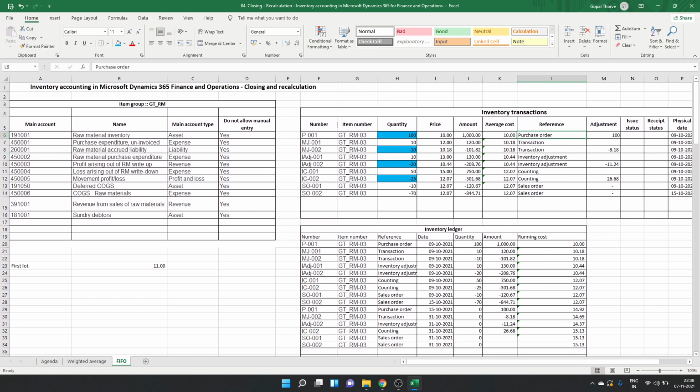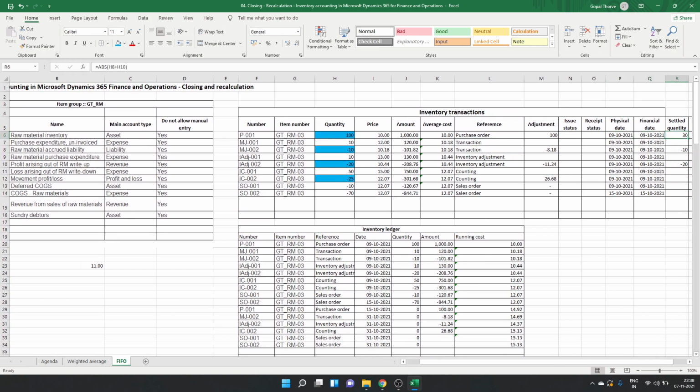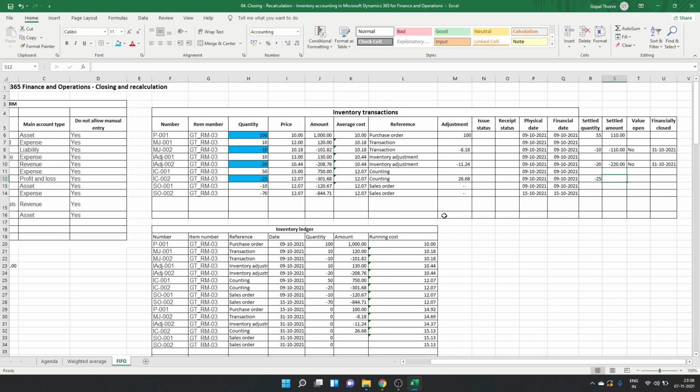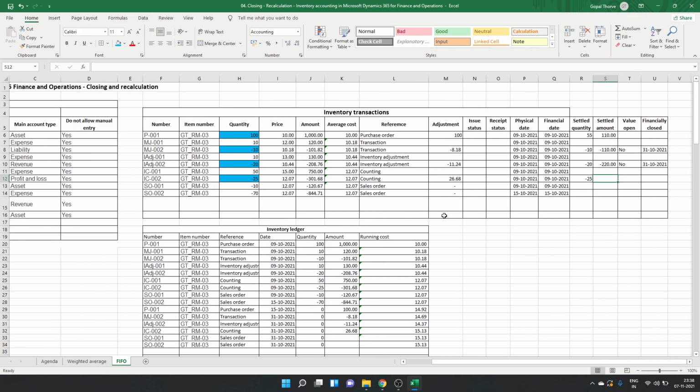Okay, let's handle the settlement also. So here in settlement I will include this 25 quantity also. This 25 quantity is settled now against the first receipt transaction.